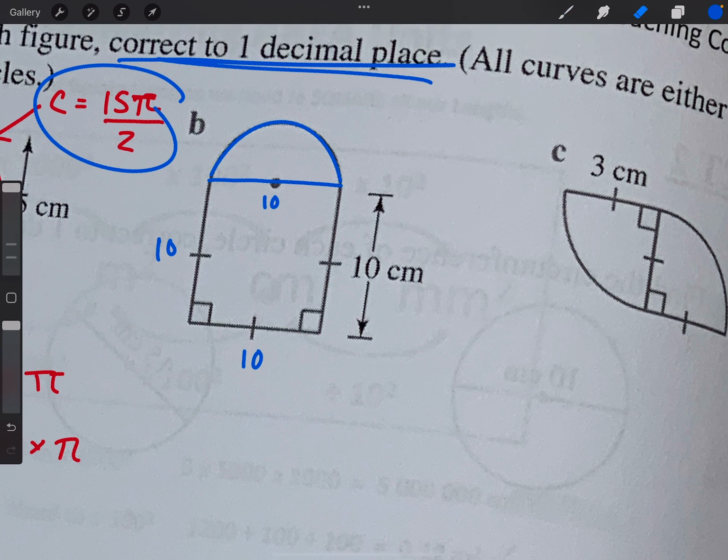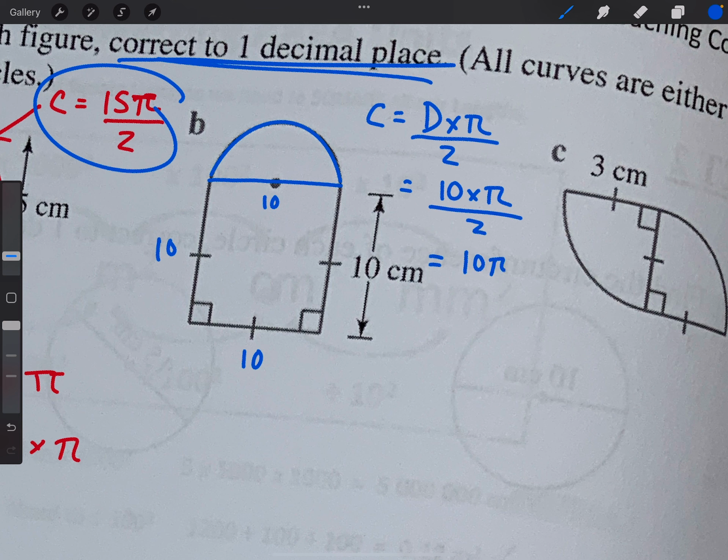So the circumference of this semicircle is equal to diameter times pi and then divided by 2, because we only got half a circle. So that's equal to 10 times pi divided by 2, which is 10 pi on 2, and that can be written as 5 pi.